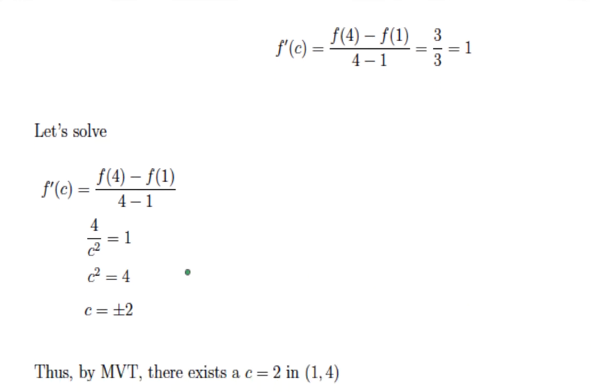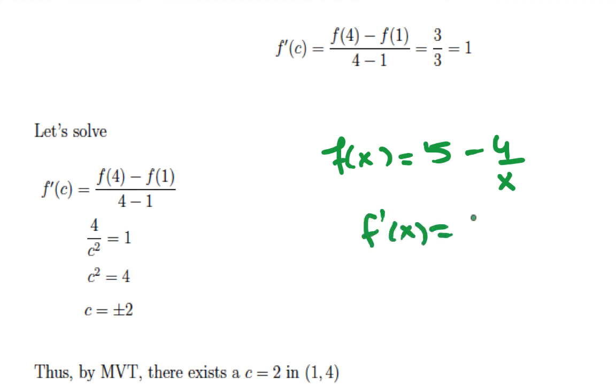Now remember, what is my original function? My original function is 5 minus 4 over x. If I take the derivative, 5 is a constant, so its derivative is 0. The derivative of minus 4 over x is minus 4 times minus x to the minus 2, which is the same as 4 over x squared.